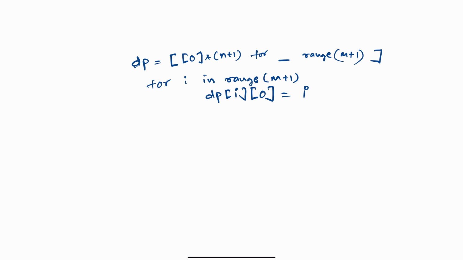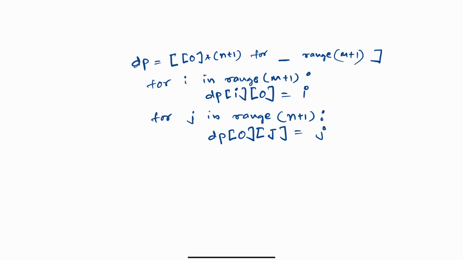In the same way, I will convert the first row, j in range n plus 1. This should be colon. And what value can I initialize? dp with 0 row with all the columns j, initialize with j. This is the first row initialization and first column initialization.